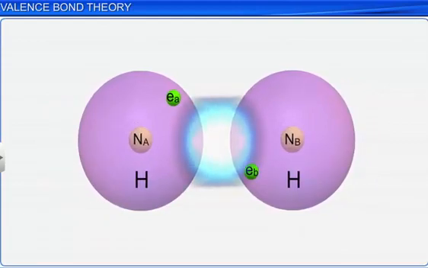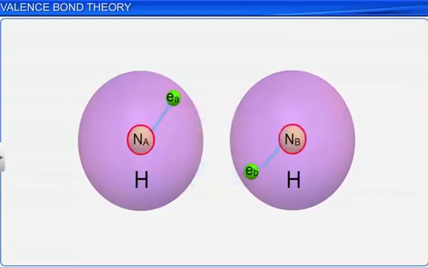The force of attraction arises between the nucleus of one atom and its own electron, that is, between Na and Ea, and between Nb and Eb, and the nucleus of one atom and the electron of another atom, that is, between Na and Eb, and between Nb and Ea.